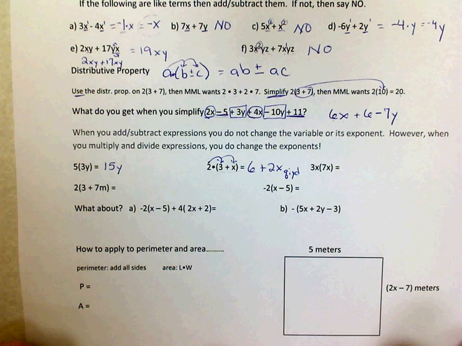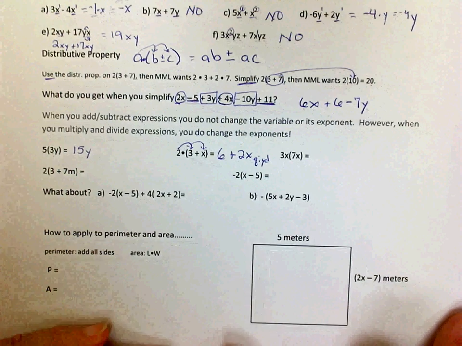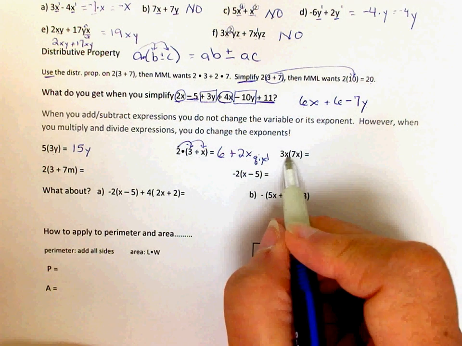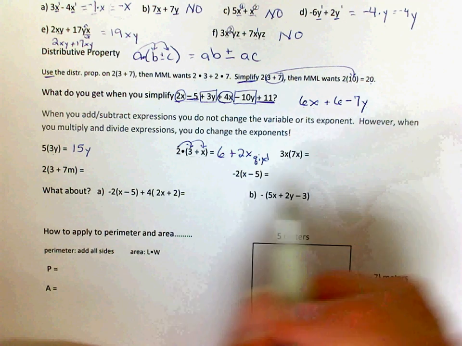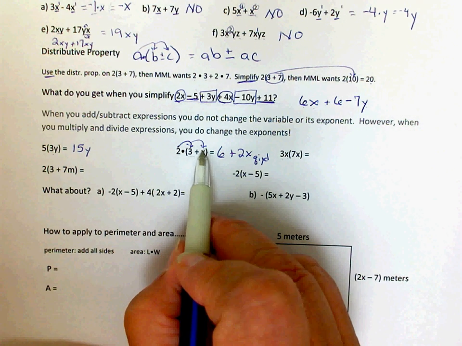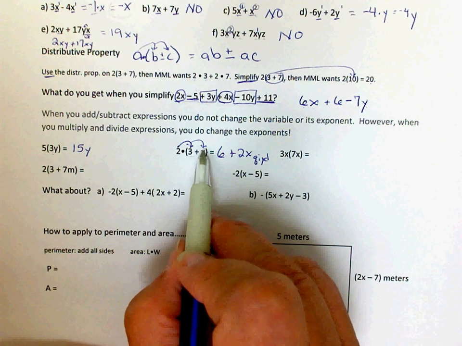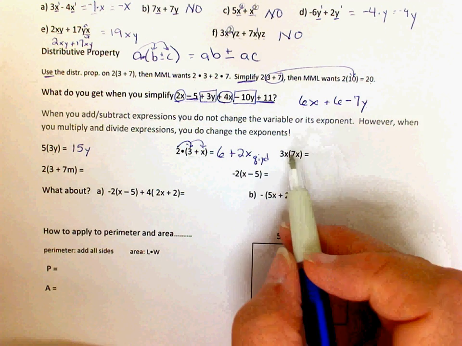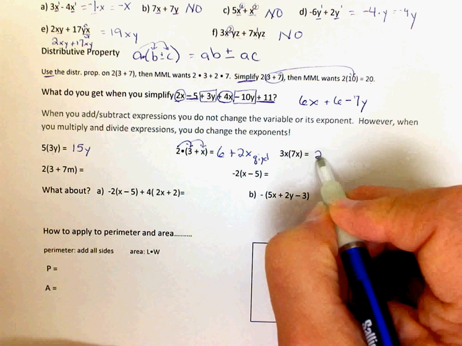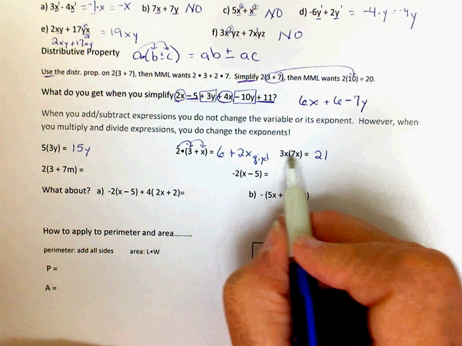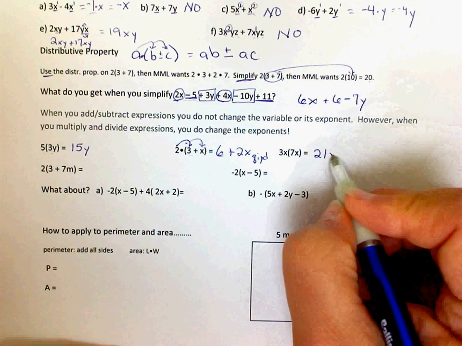Now, 3x's and 7x's. Okay, notice, did I change my variable or exponent here? No. But now I've got a 3 times a 7, which is a 21, and an x times an x, which gives us x squared.